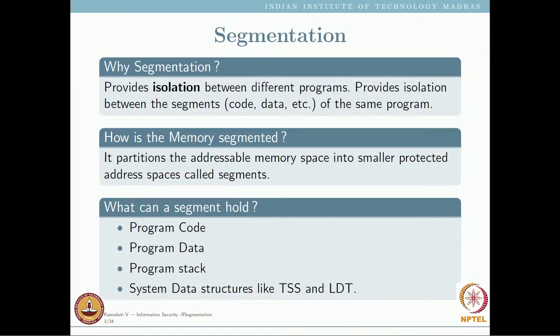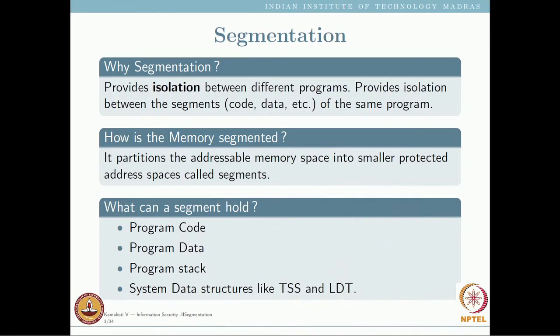A segment, as we saw yesterday, can hold code, data, stack, and there are also some system data structures like TSS and LDT, the task state segment and local descriptor tables, and your GDT. So the segment can hold all these.